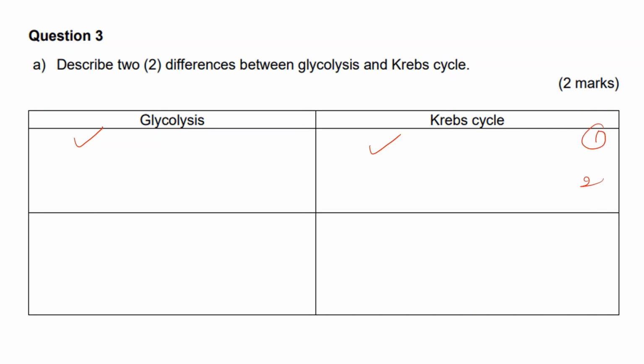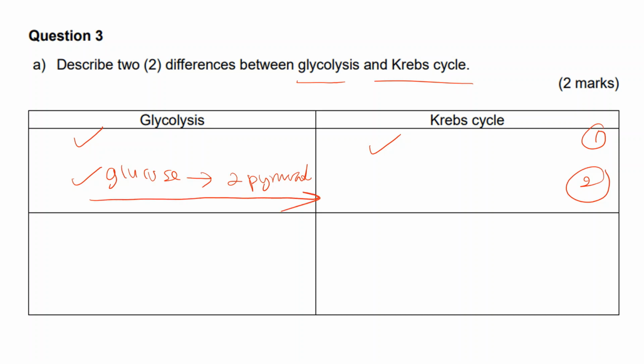For the second mark, another difference is that glycolysis is a linear process, because it involves reactions that convert glucose into 2 molecules of pyruvate. But as for Krebs cycle, it is a cyclic process.